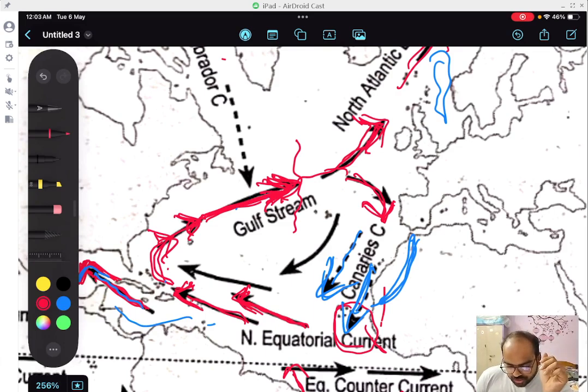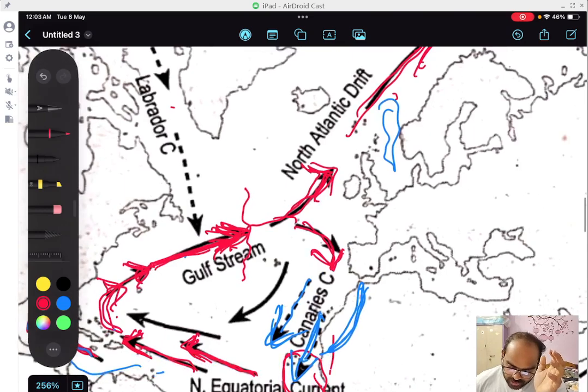While moving west to east, the Gulf Stream hits the mid-Atlantic ridges and divides into two branches. One branch moved as the warm North Atlantic Drift towards the North Sea region, towards the UK and Norway. One branch moved towards France and Spain and along the northwestern coast of Africa as the cold Canary current.